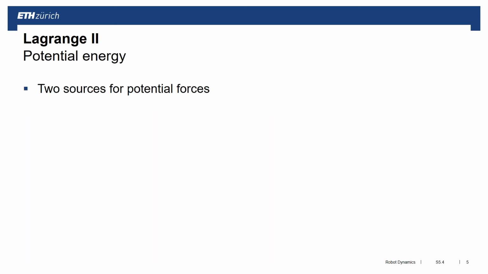It's also very similar for potential energy. There are in essence two sources for potential energy. One is gravitational forces. So we know that the gravitational force is the mass times g, so I put it here g not as a vector but as a scalar value, and then you have the direction where g acts, which means I can then write my potential energy to be nothing else than these gravitational forces times the motion we're doing in linear direction.